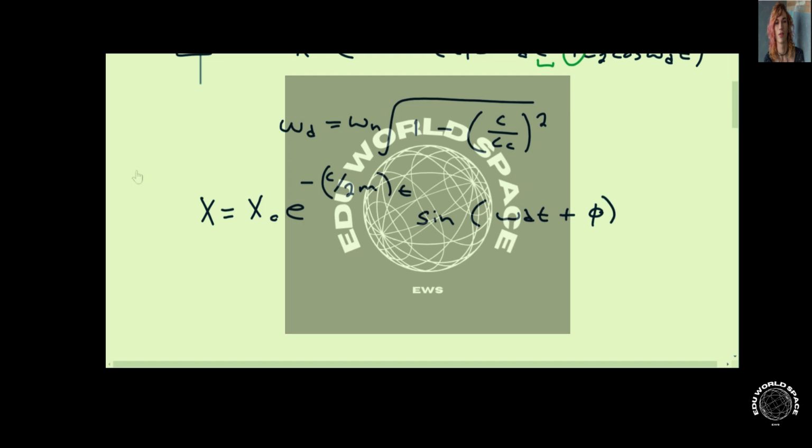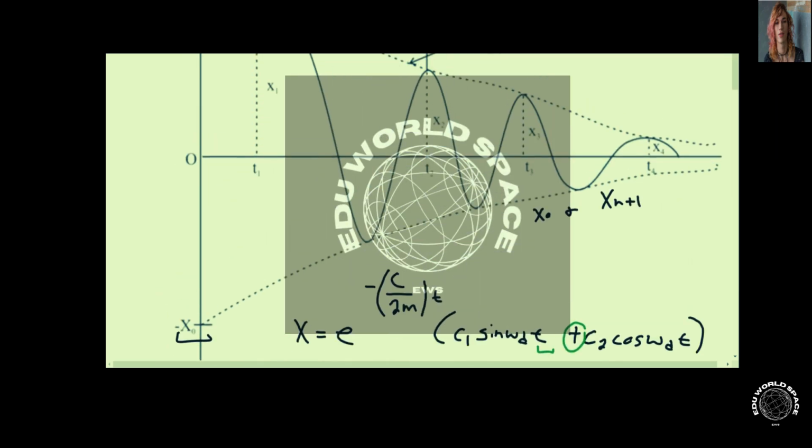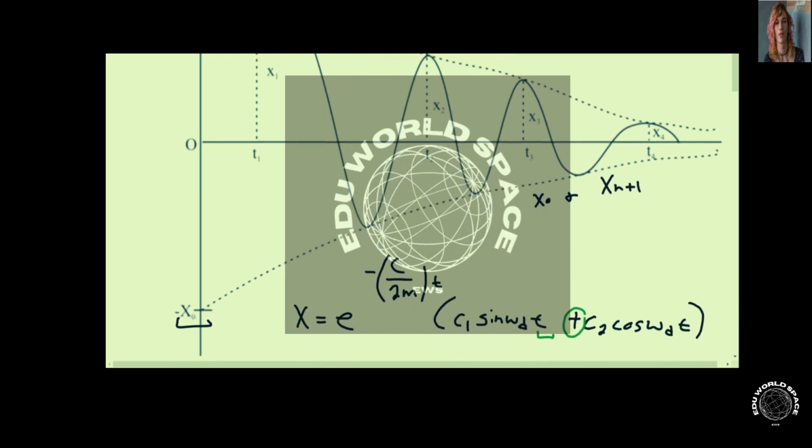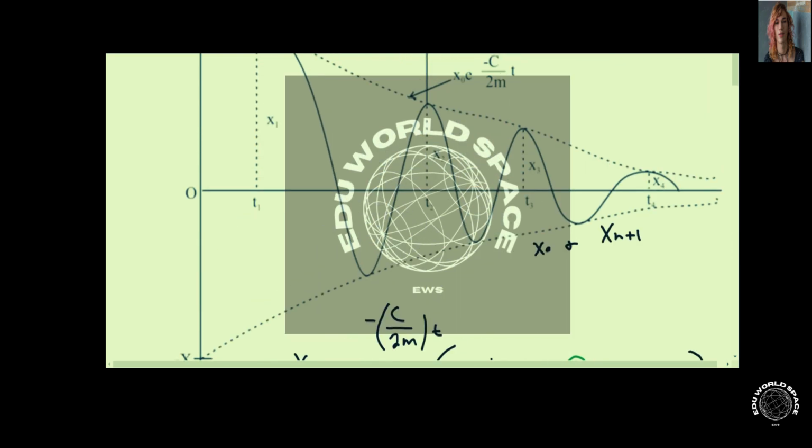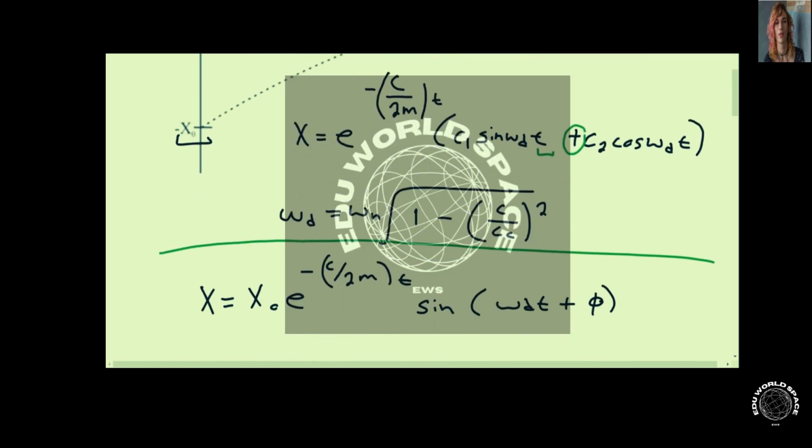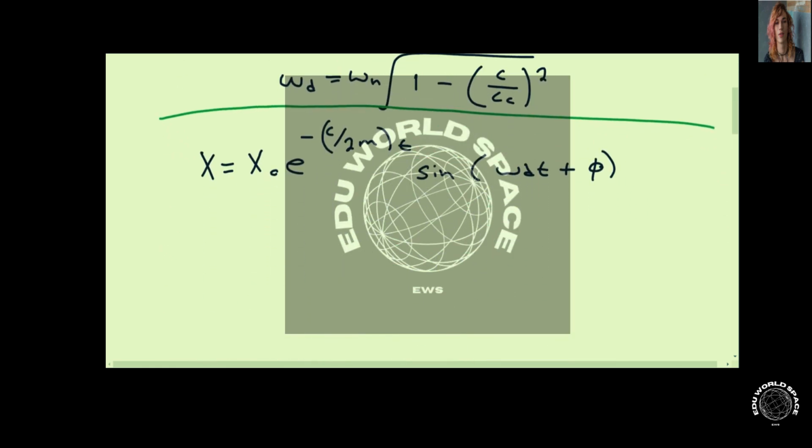I'm going to separate this with a little green line so you can see it better. The sine is because this is a sine wave, and you can see that we're getting this number from that, if you're curious.